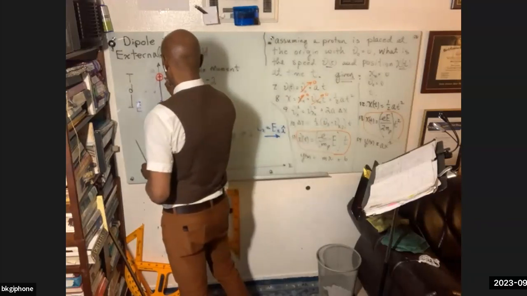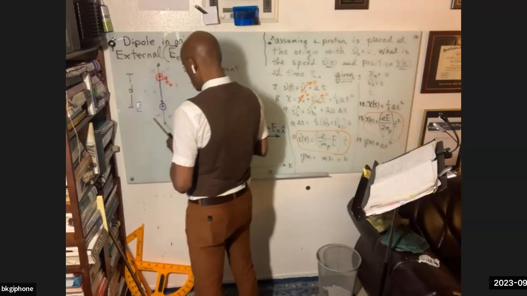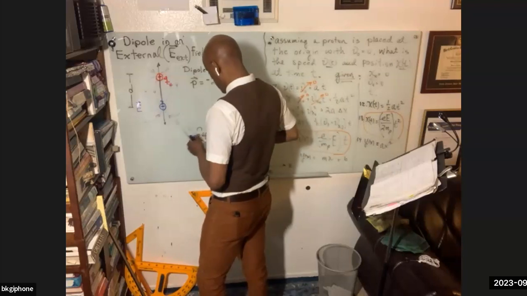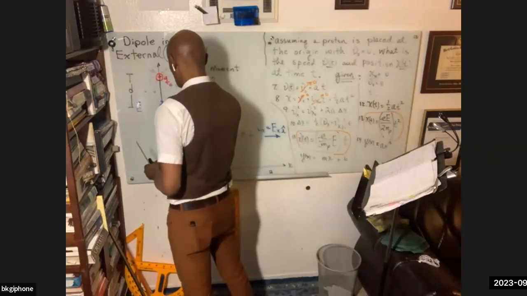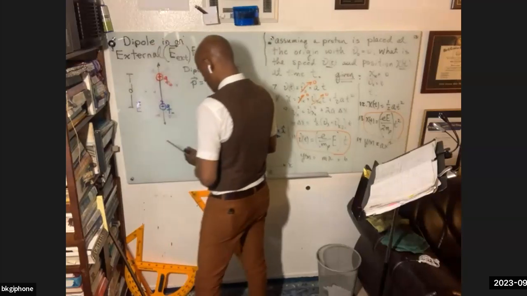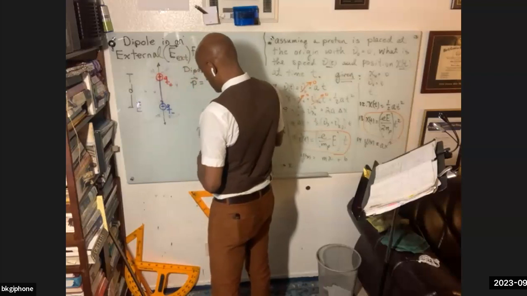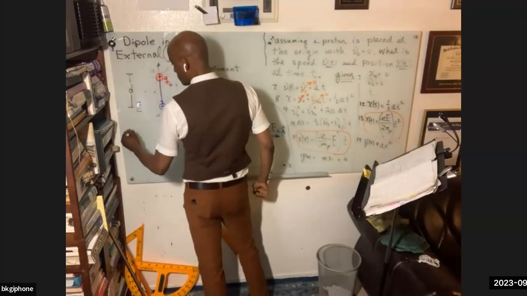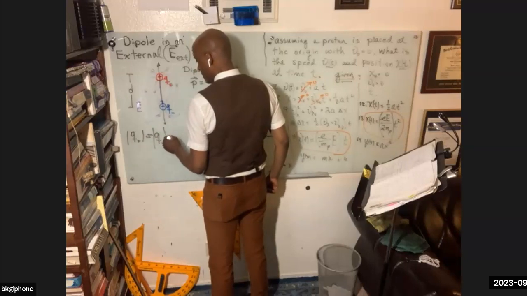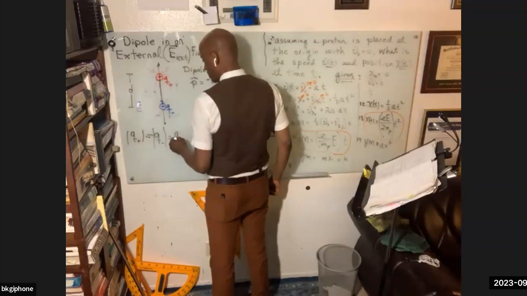You can say q plus and q minus. And keep in mind that the magnitude of q plus equals the magnitude of q minus, which just equals the magnitude of q.